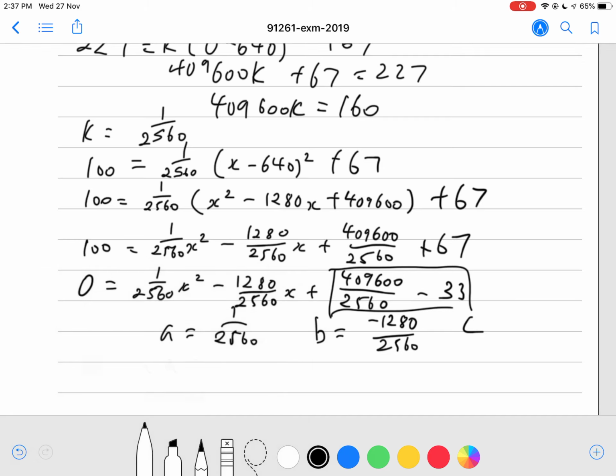Yeah, what am I doing? So sorry guys, this was actually minus 33. I was ending up with no real roots and I was wondering why. Sorry guys. Divided by 2,560.